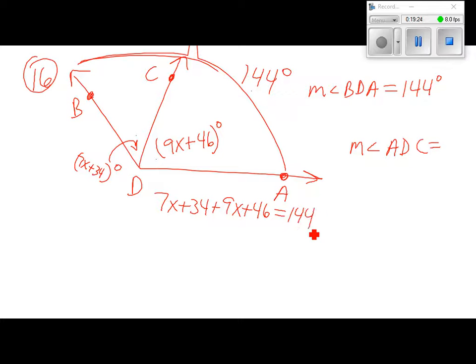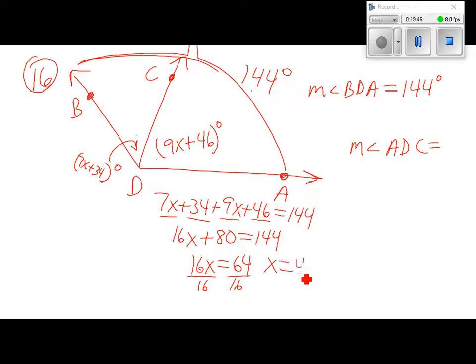I'm going to do quite a bit of this just real quick. That's 16x, 34 and 46 gives us 80, equals 144. Subtract 80 on both sides. You end up with 16x equals 64. Divide both sides by 16. You end up with x equals 4.